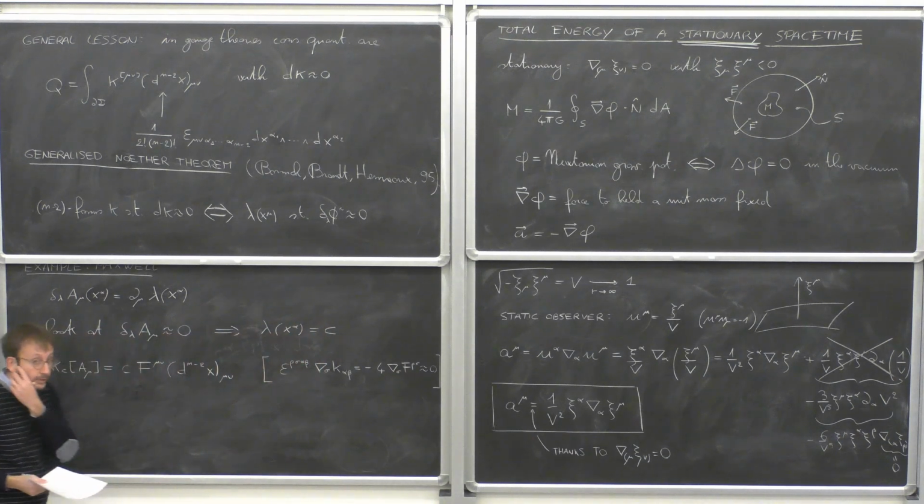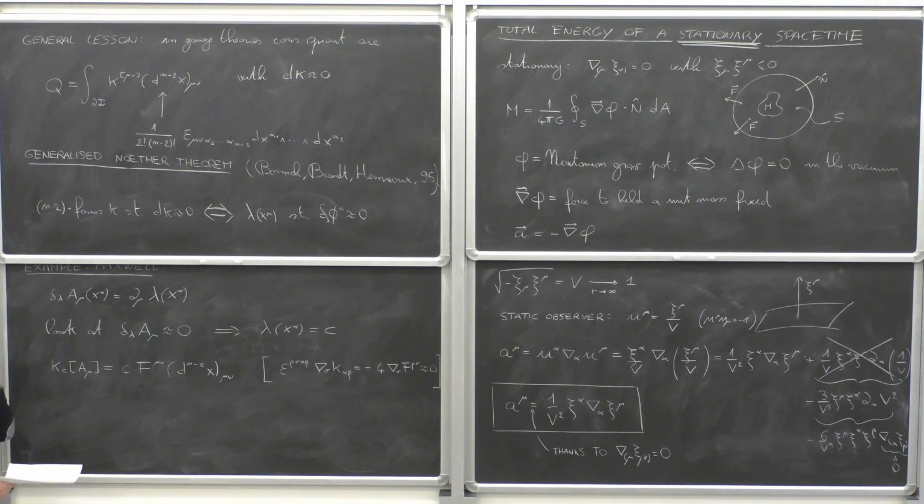This is a general rule. If you want to have an (n-2)-form which is conserved, in the sense of having an exterior derivative which is on-shell trivial, this is completely equivalent to having a divergence of this antisymmetric object equal to 0 on-shell.